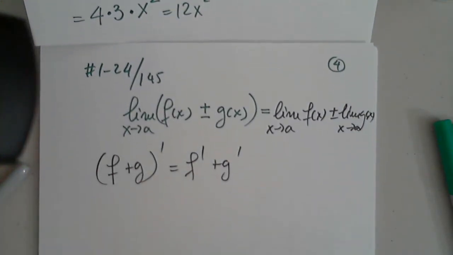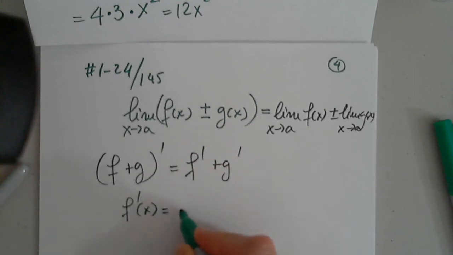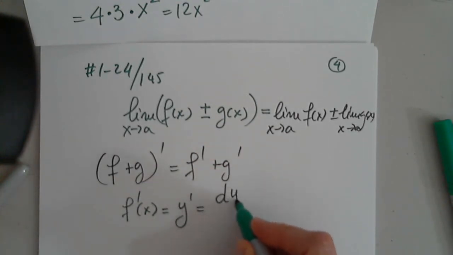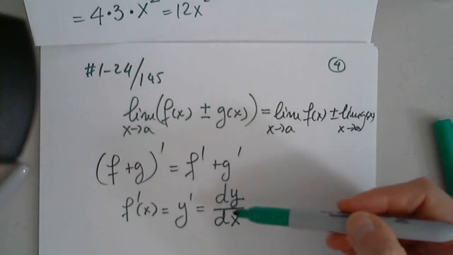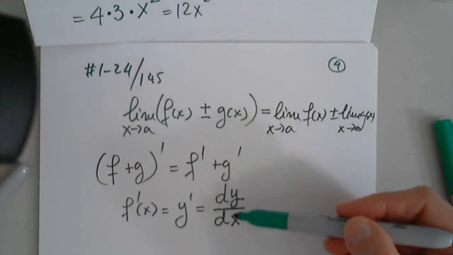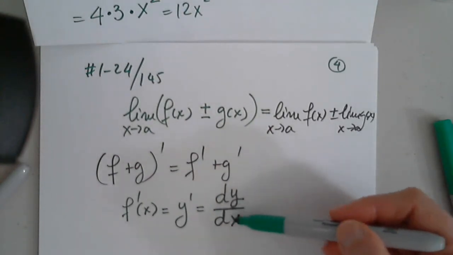You will also find in your book the following notation. Instead of f prime of x, you may find y prime, which is the same thing, or the derivative of y with respect to x, dy over dx.